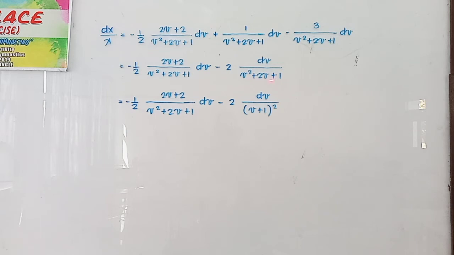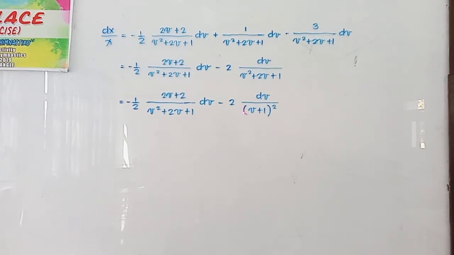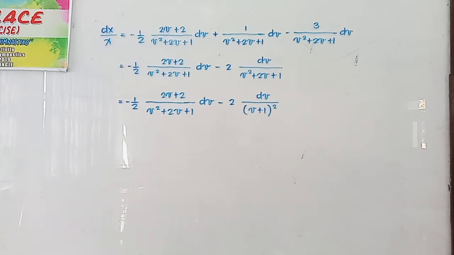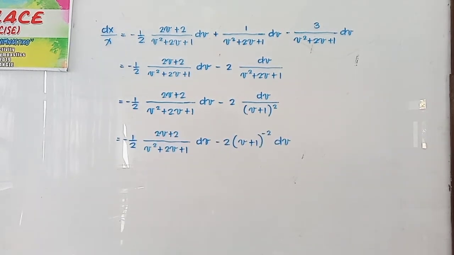Otherwise, if this is not a perfect trinomial square, then it must be inverse tangent. And we can write that expression in this manner for a better view of the possibility that this can really be evaluated using power formula.